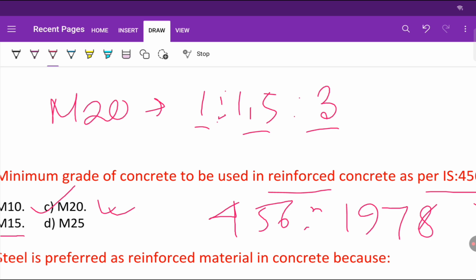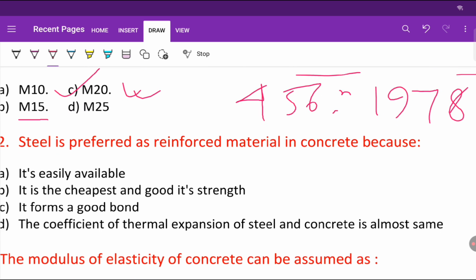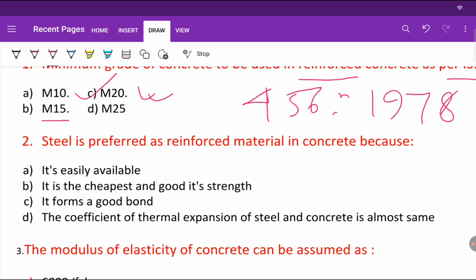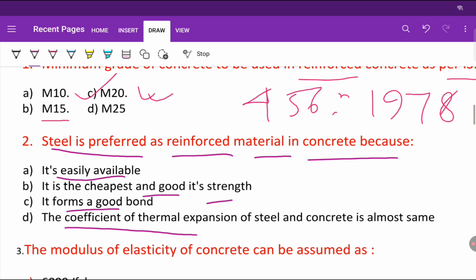Okay, now let's move to the next question. The second question is, steel is preferred as reinforcing material in concrete because: option A, it is easily available, it is the cheapest and has good strength, it forms a good bond, the coefficient of thermal expansion of steel and concrete is almost the same.